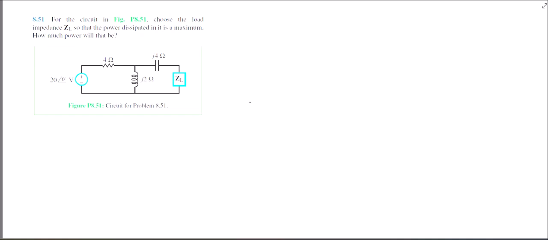So first we need to find Z Thevenin. We draw the circuit with the load removed, changing voltage sources to short circuits and current sources to open circuits, and find the impedance of what we have left.